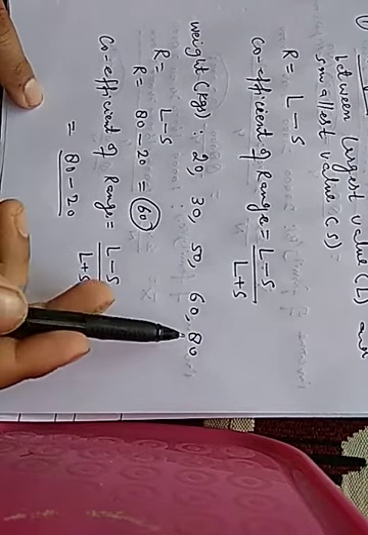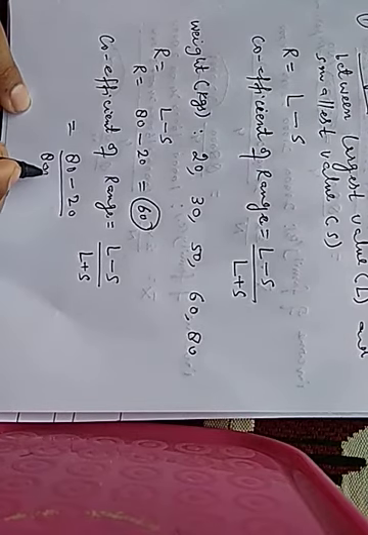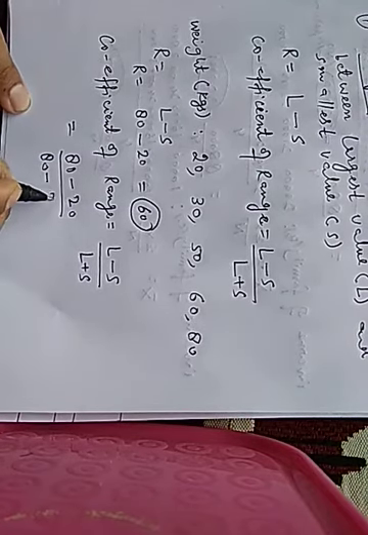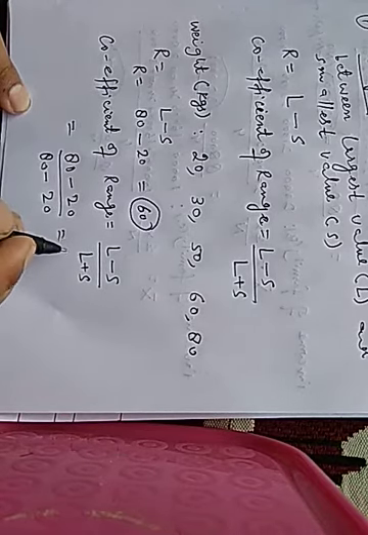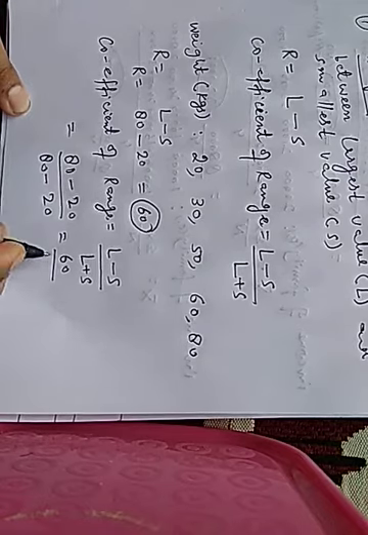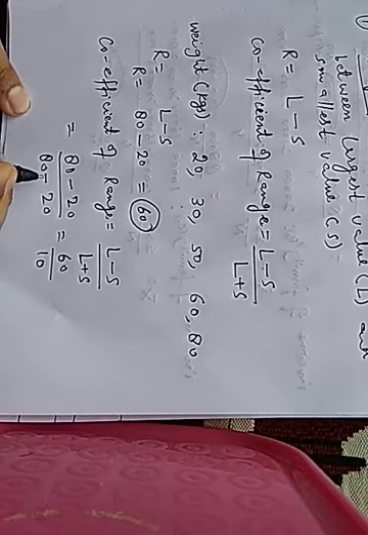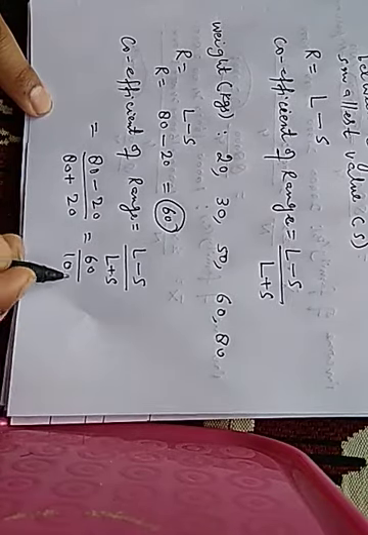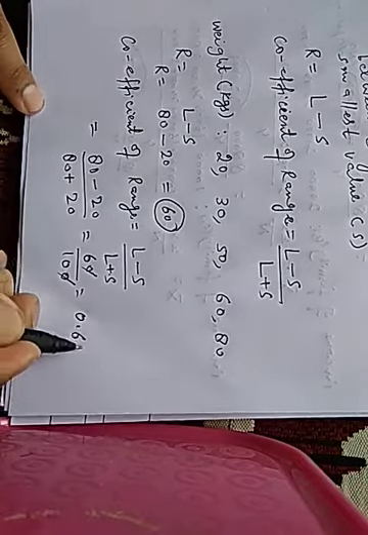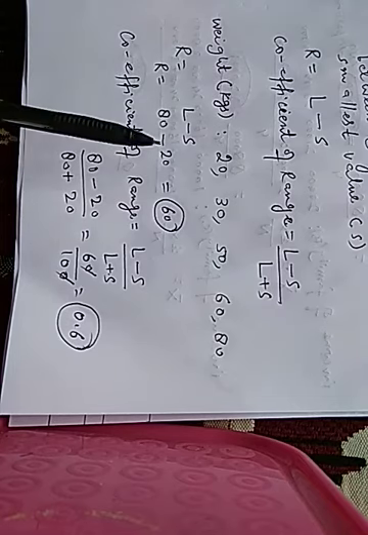Smallest value among these values is 20. It will be equal to 80 minus 20, it is 60, divided by 80 plus 20, that is 100. It will be equal to 0.6 coefficient of range. This was how we can calculate the value of range and coefficient of range with the help of this formula.